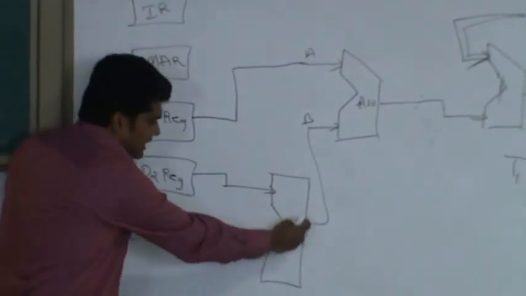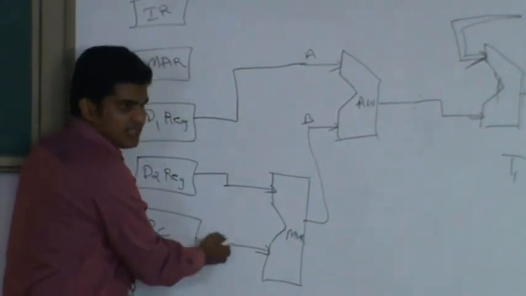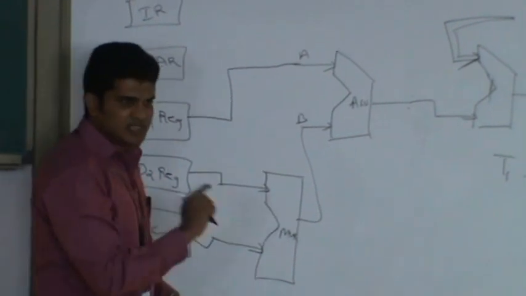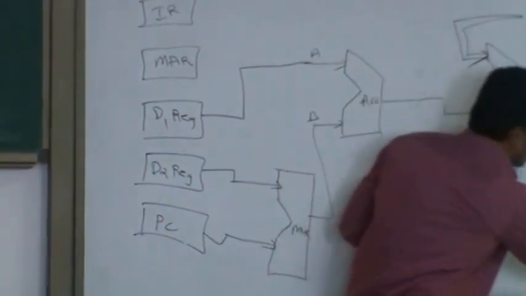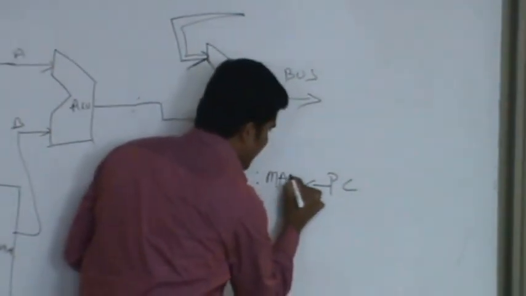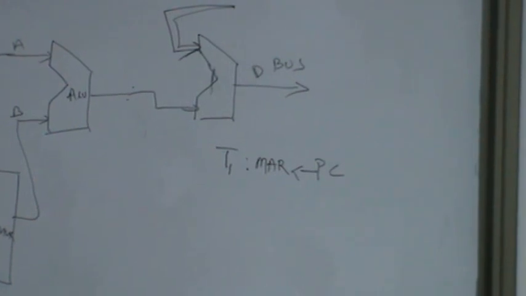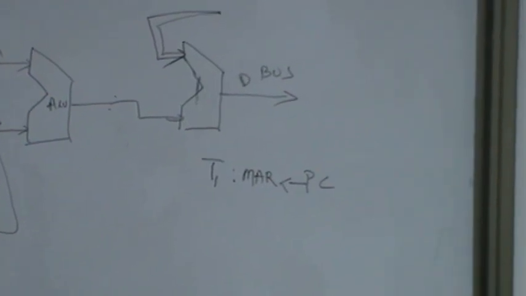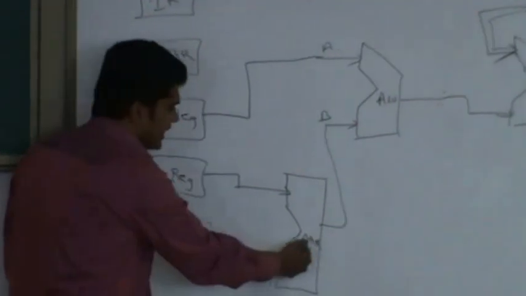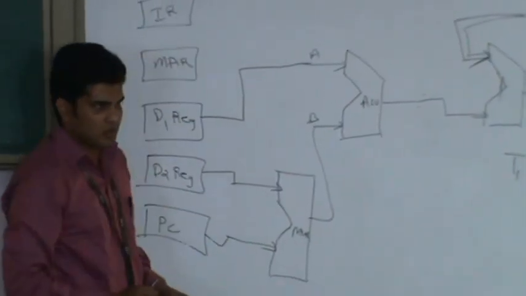The multiplexer can select either the D2 register or the contents of the program counter. The first step is to place the contents of the program counter into MAR. Yes? So how is the data path going to be? The contents of the program counter is selected. So from either the D2 register or PC, the multiplexer is selecting the contents of the program counter.